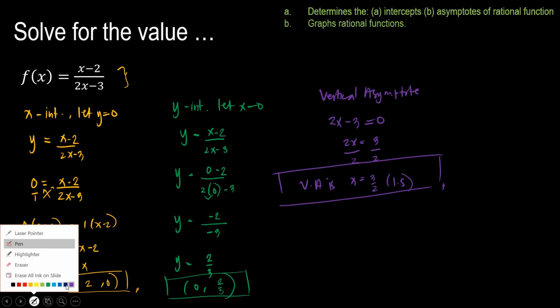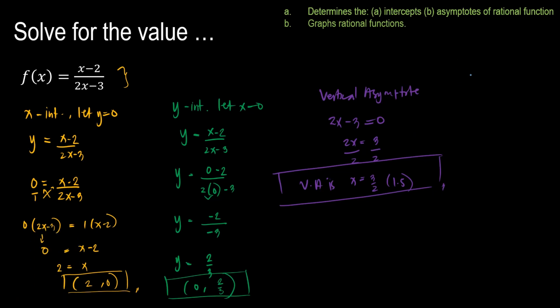Okay, now let's get the horizontal asymptote. Okay, so since the degree of the numerator is 1 and the degree of the denominator, by the way class, pag horizontal asymptote, titingnan natin yung highest degree ng dalawa. Kung ano yung highest degree na same sila. Okay? So, the highest degree of the denominator is 1.